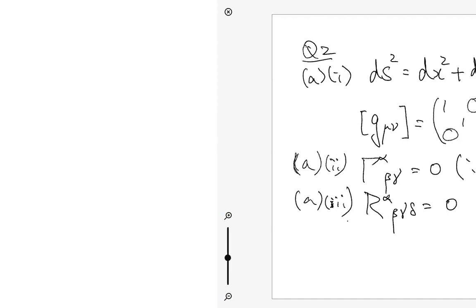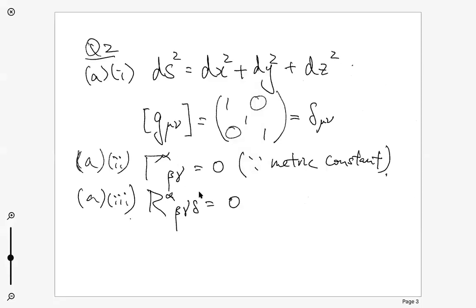So Winky has the correct physical picture of what the mathematical symbols really mean here, what it means by saying that the Christoffel symbol is 0.